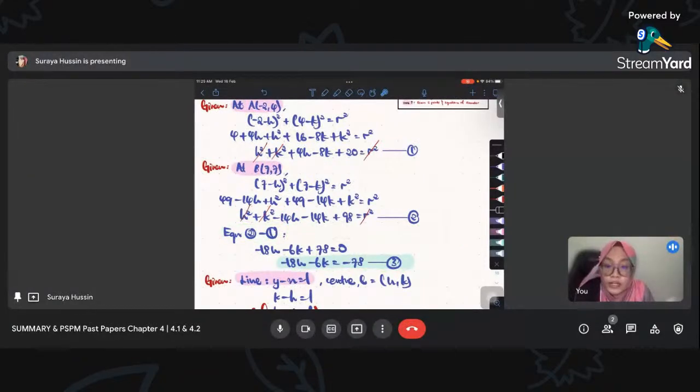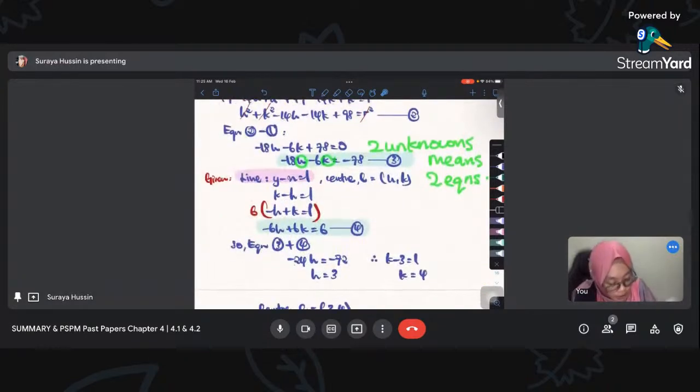Third equation means you now have two unknowns, H and K. If you have two unknowns, you must have two equations to do simultaneous equations. So where is the other equation?